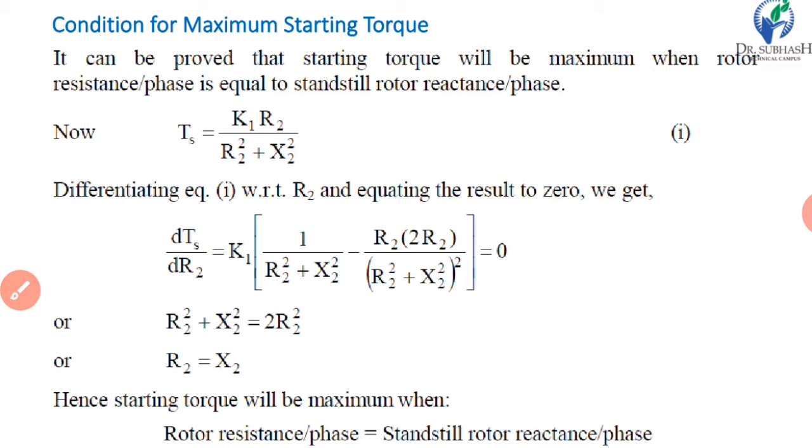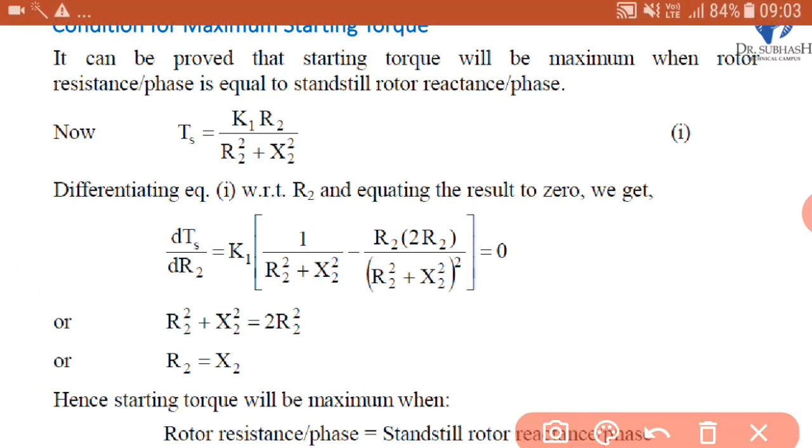Now the condition for maximum starting torque. It can be proved that starting torque will be maximum when rotor resistance per phase is equal to standstill rotor reactance per phase. Now Ts is equal to K1 into R2 upon R2 square plus X2 square. This we have derived in the previous slide.